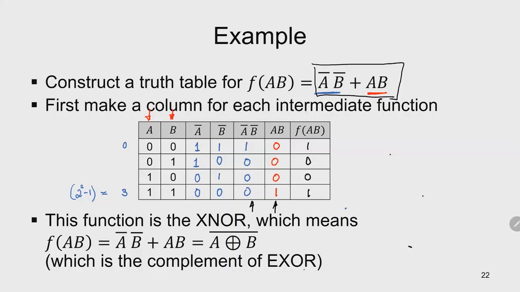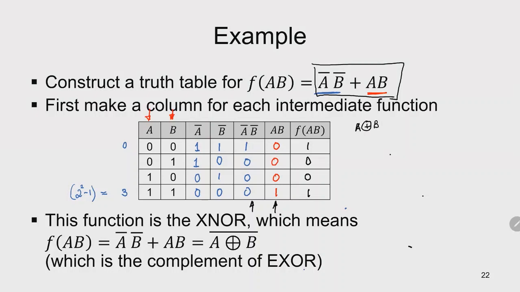This function is an XNOR, which means that it is the inverse of the exclusive OR gate. Remember our exclusive OR? If either one of the inputs is 1, it gives you 1.